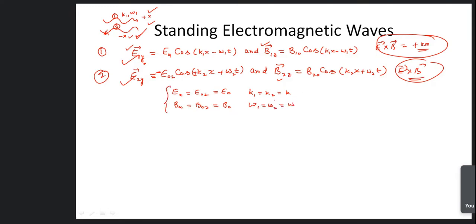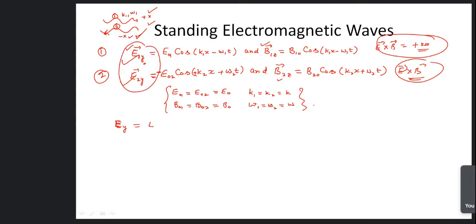So with these, I can conveniently write these equations, and then I can write the resultant electric field of the standing electromagnetic wave, Ey. This is the resultant of these two.